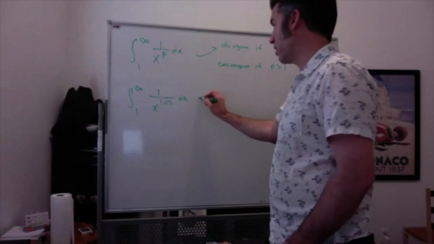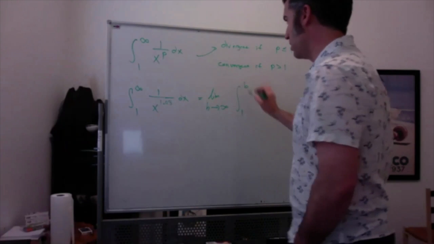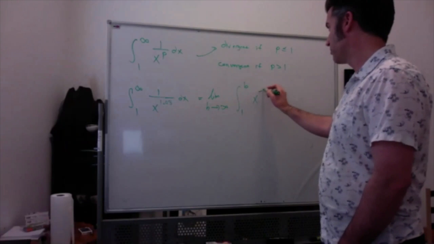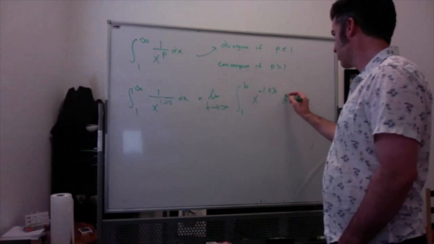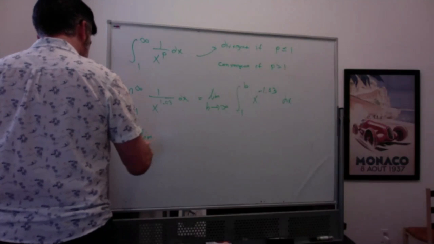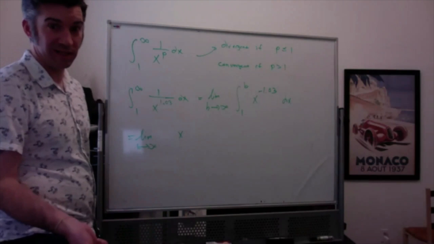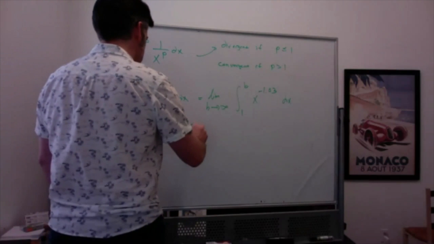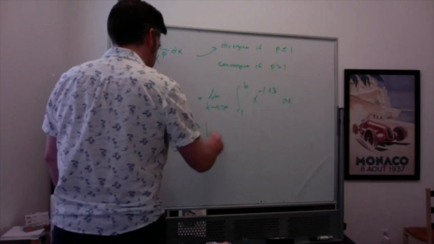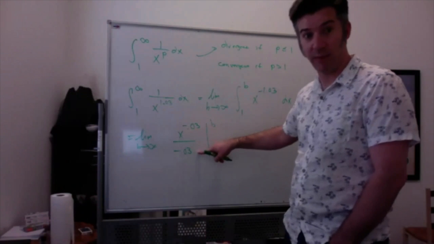But if we do it, well, it's the limit as b goes to infinity of the integral from 1 to b. I'm going to write this as x to the negative 1.03. Integrate that, so I add 1 to the power. x to the, let's see, negative 1.03 plus 1 is negative 0.03. I divide by my new power, and then I go from 1 to b. Okay, I'm going to rewrite this so that this can come down to the denominator and have a positive power.